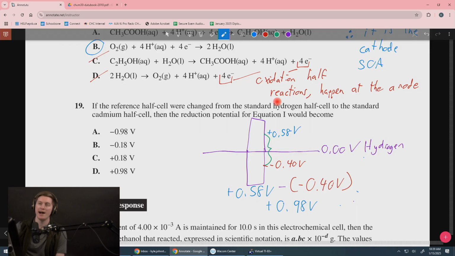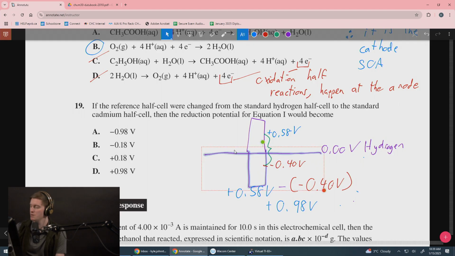It is now higher off of where the ground floor was if we take this and move the basement down. Now it's higher. That's my analogy. Hopefully that's somewhat useful. So the distance between those two is positive 0.98 volts. When you have a new reference cell question, really what you're asking is how far away you are from that new reference.